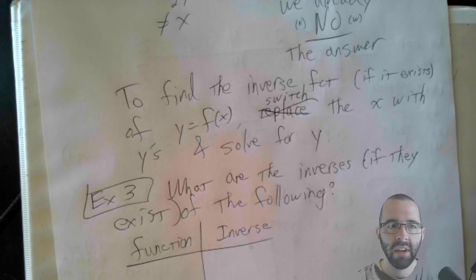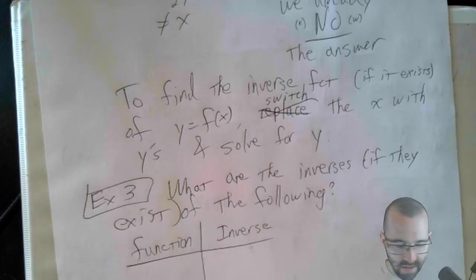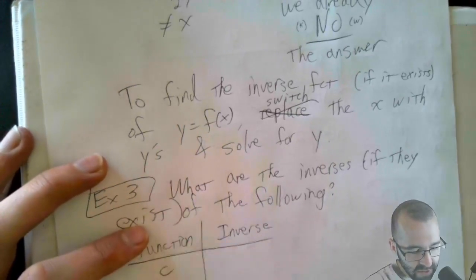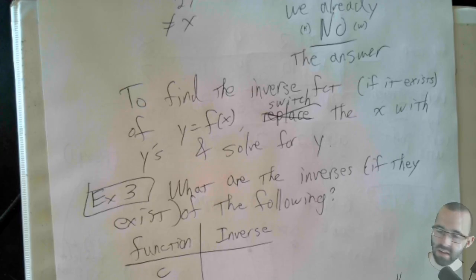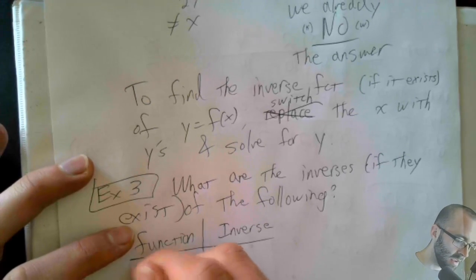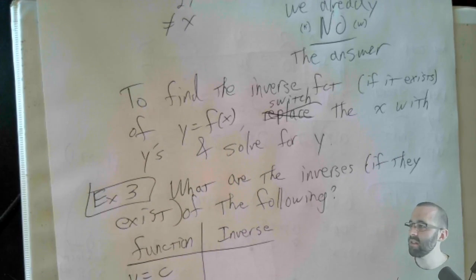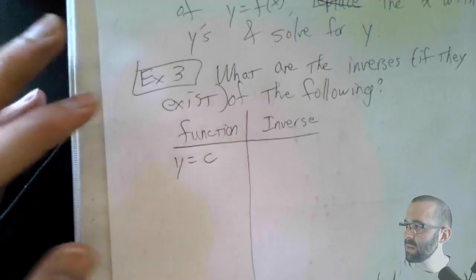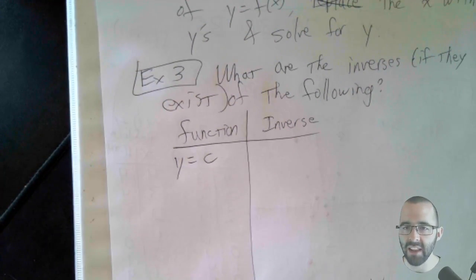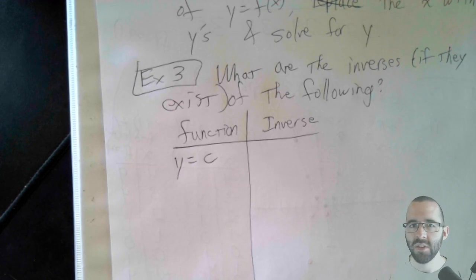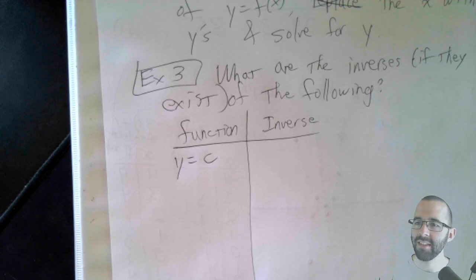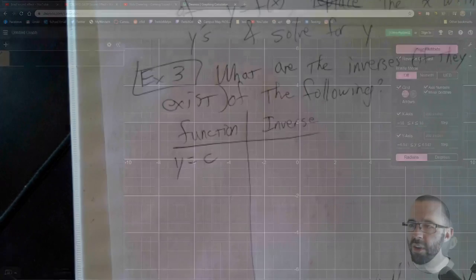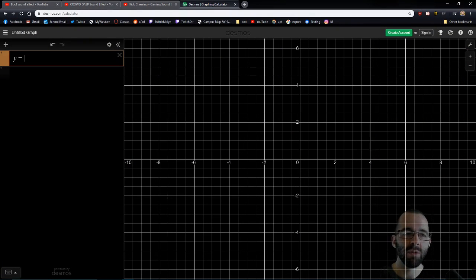All right. So start with the first one. The first function we talked about was the constant function. This is one of our toolkit functions. Okay? Specifically, the constant function is a flat line. So if you're wondering whether a flat line passes the horizontal line test, you could graph it if you really want to see it.